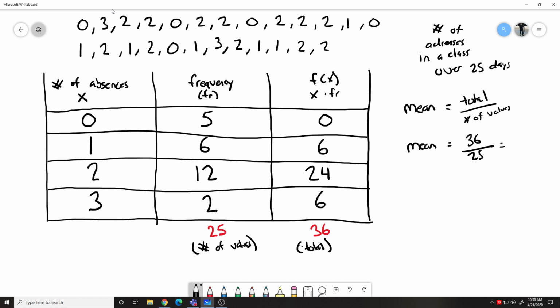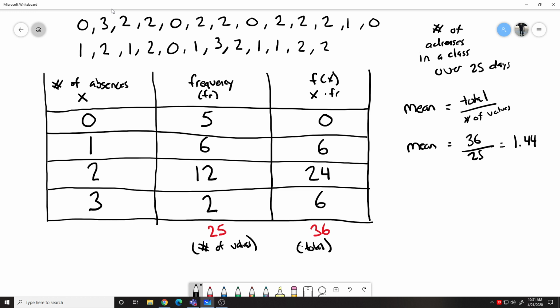Let's punch that into the calculator. 36 divided by 25 equals 1.44. That means that on average, on any given day during this time, there were approximately 1.44 students missing.